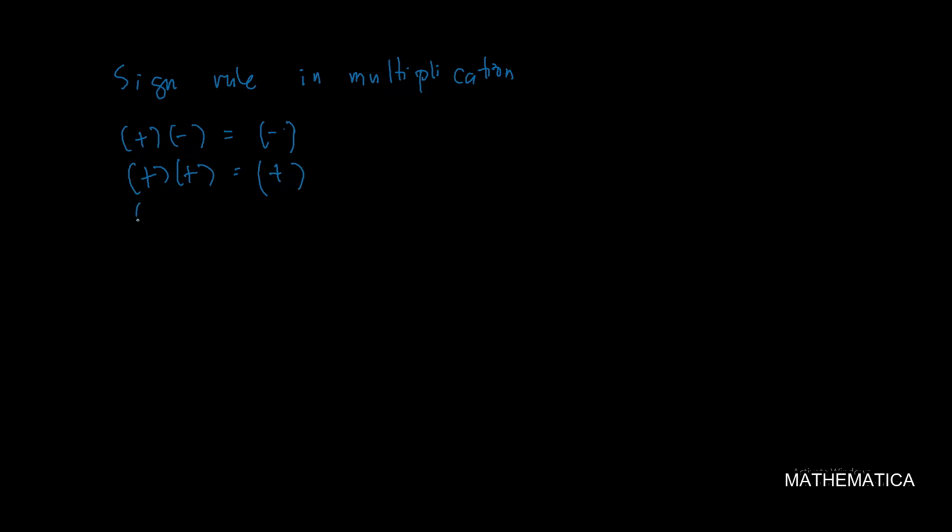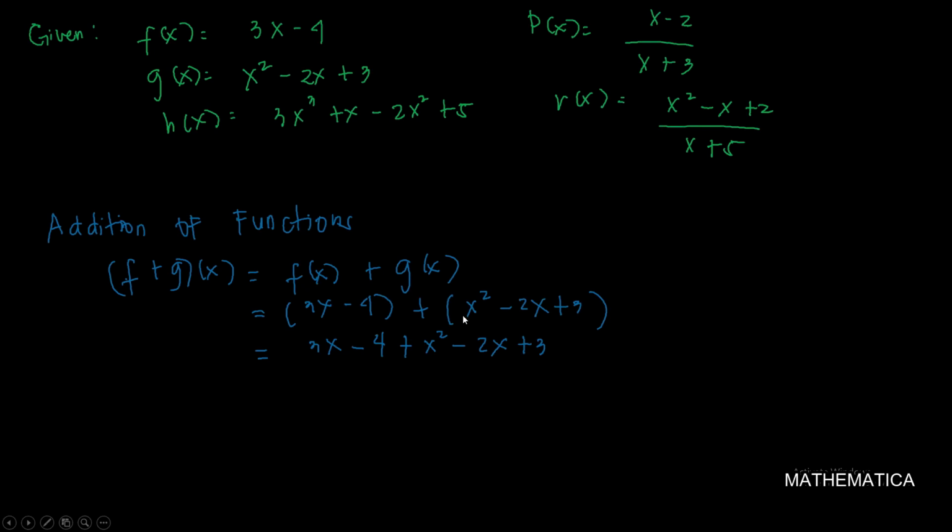When you multiply negative by negative, they are still like signs, so the product is still positive. So positive multiplied by positive x squared is still positive. Positive multiplied by negative 2x, negative 2x. And positive multiplied by positive 3, we have positive 3.